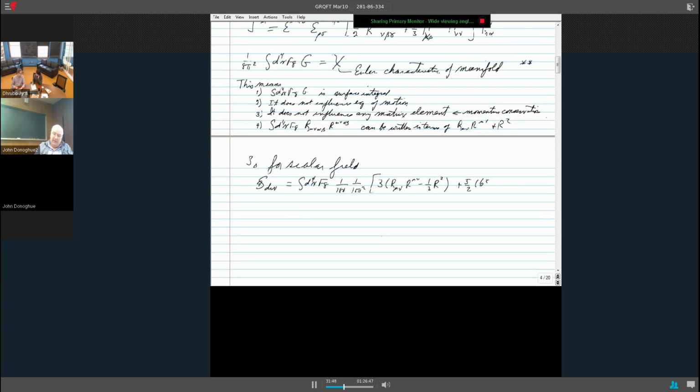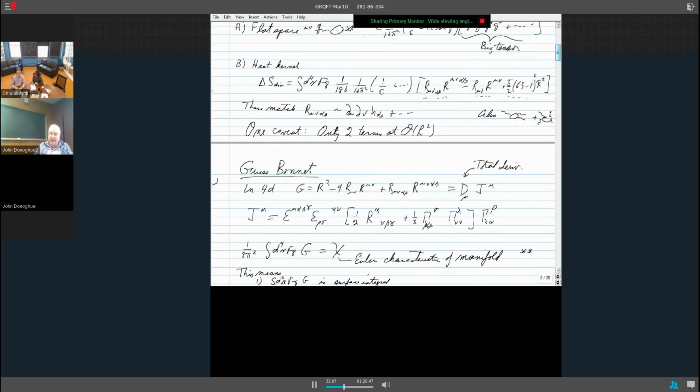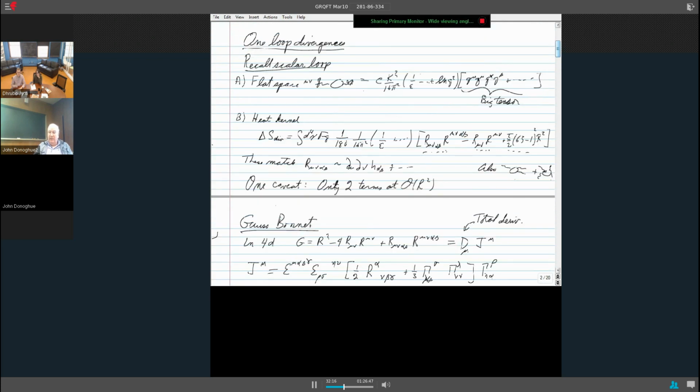The divergent pieces really are then equals, well, let's see, up here we had 1 over 180, 16 pi squared. So let's just rewrite that d4x square root of minus g, 1 over 180, 1 over 16 pi squared.